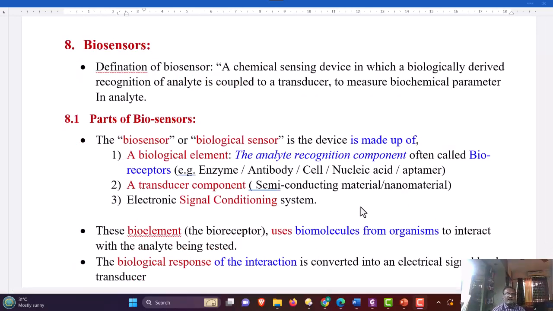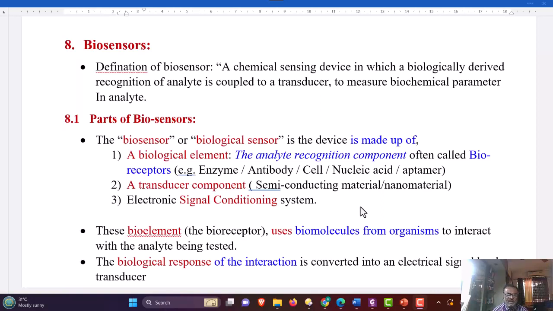The next sensor type we are going to learn is biosensors. How are biosensors defined? Biosensors are basically chemical sensing devices in which a biologically derived recognition element is coupled to the transducer to measure the biochemical parameter of the analyte.